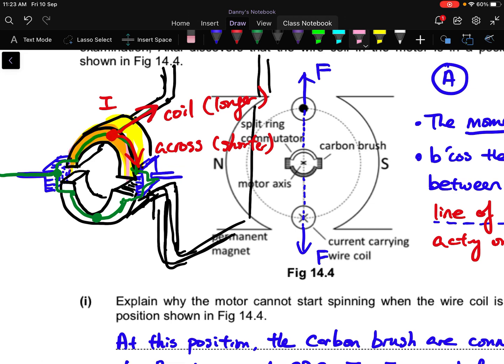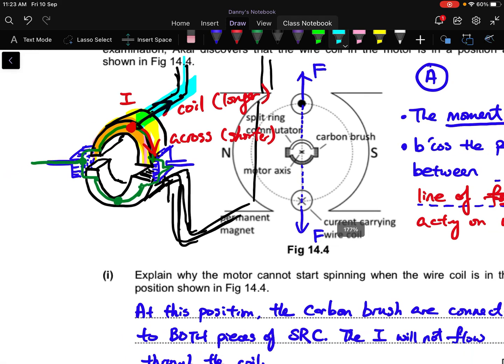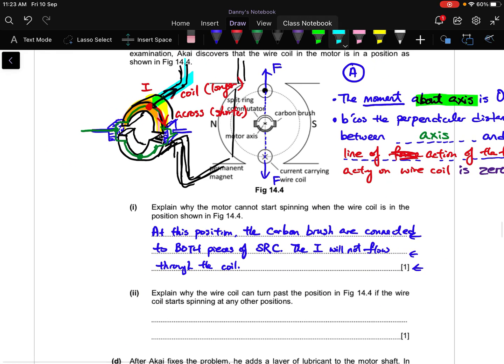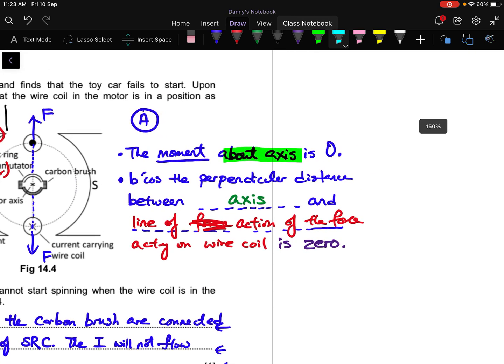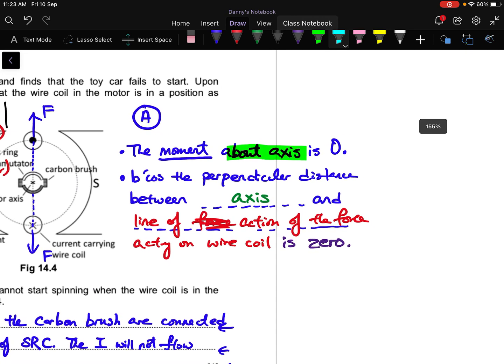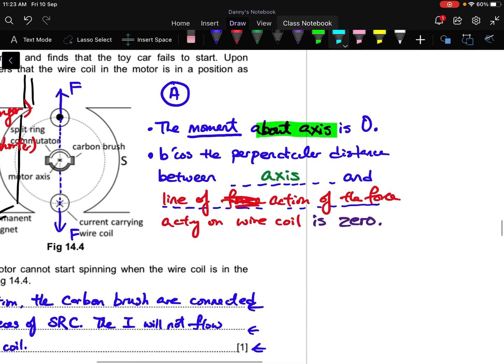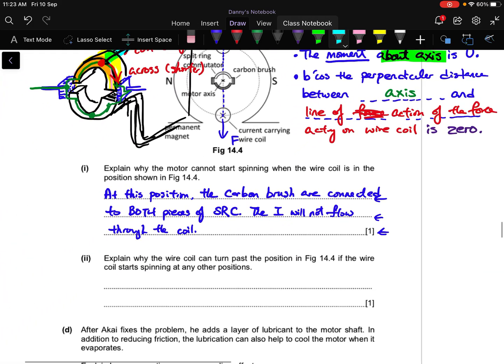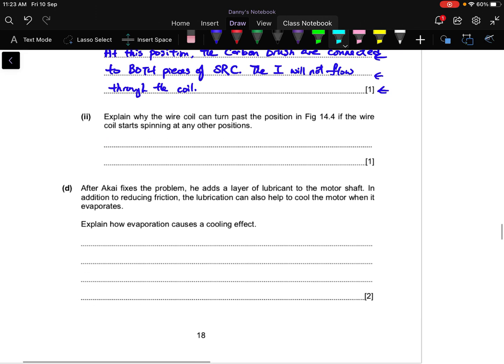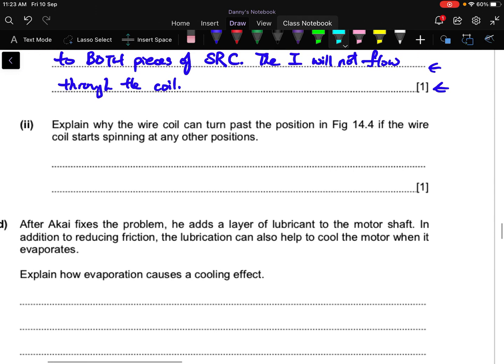So definitely going across like that will be the least resistant path, and most of the current will decide to go there. So as a result, I allow you to argue that the current that goes into the coil will be very small until there's no force. So I allowed that. But technically I think approach A would be much safer because the line of action is cutting the axis. So definitely no parallel.